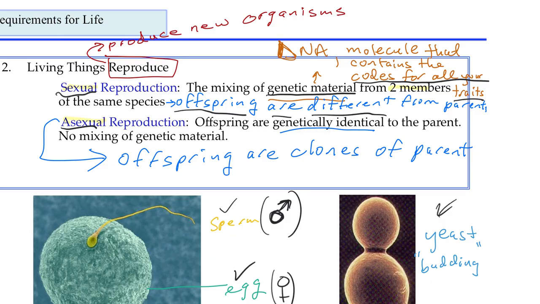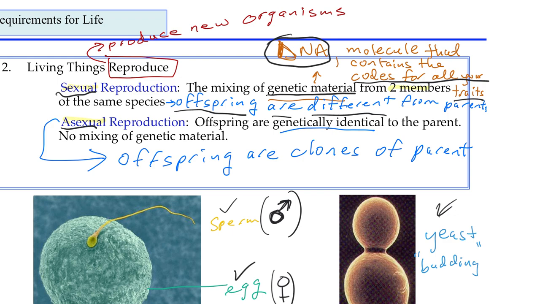My height, my eye color, my hair texture, my talents, anything that makes you you, that's a trait, and it's all coded for in the genetic material. And the genetic material we should know right now is called DNA. Much more on that later.